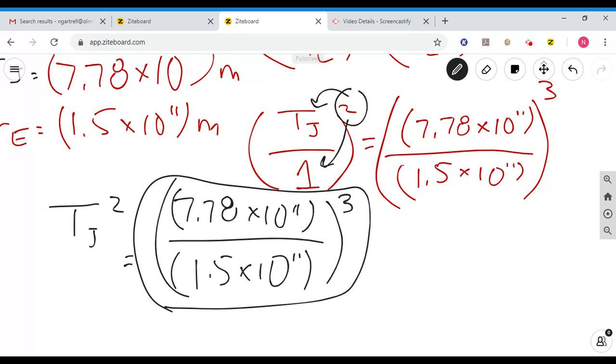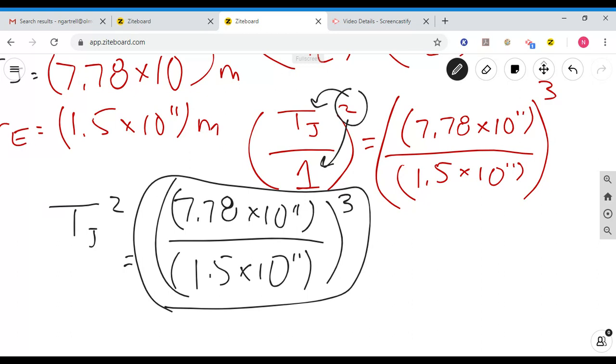So I'm going to do the big set of parentheses, the little set of parentheses. 7.78 times 10 to the 11th, close, division, open parentheses. 1.5 times 10 to the 11th, close the little, close the big, to the 3rd power.